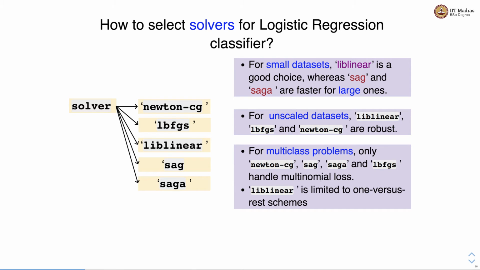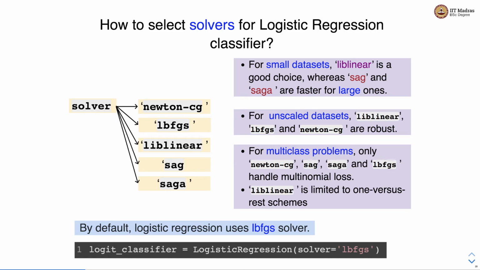So in order to use multinomial loss, you have to use Newton CG, LBFGS, SAG or SAGA as the solvers. LibLinear solver only supports the one versus rest scheme for multi-class classification. By default, logistic regression uses the LBFGS solver, and you can specify the desired solver in the constructor of the logistic regression object.